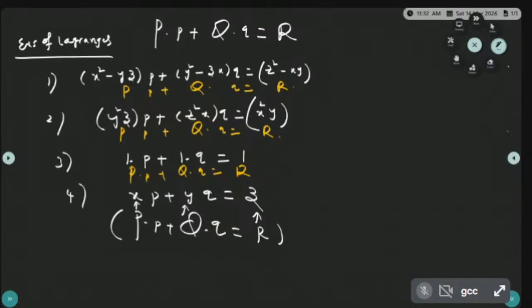Now I have clearly written with yellow to identify P, Q, R. What are P, Q, R? Either functions of X, Y, Z or constants.